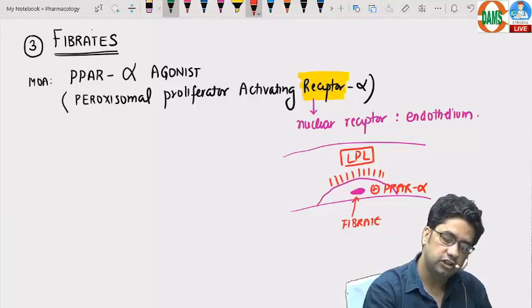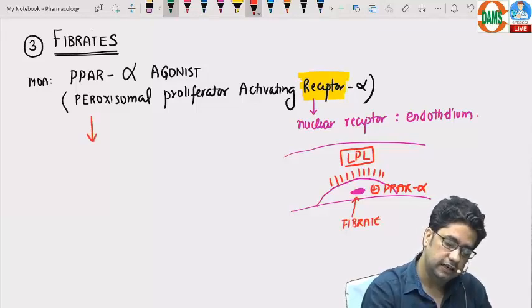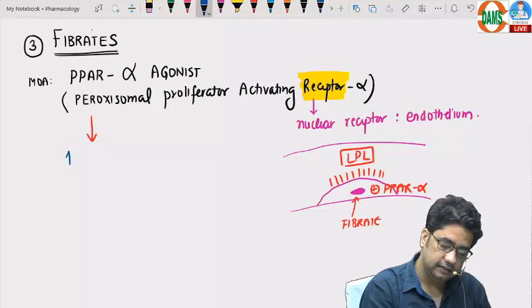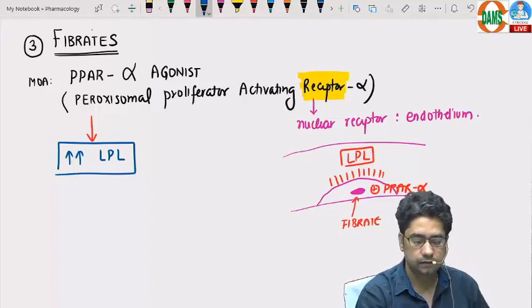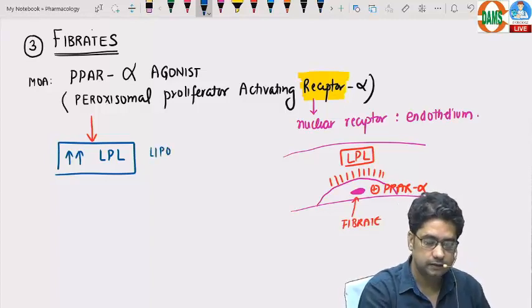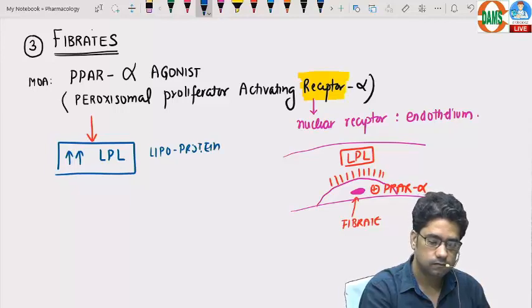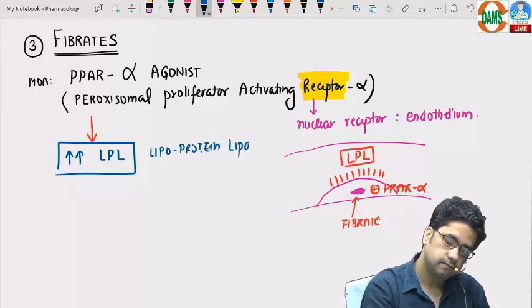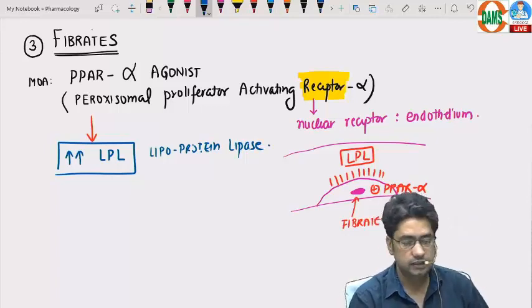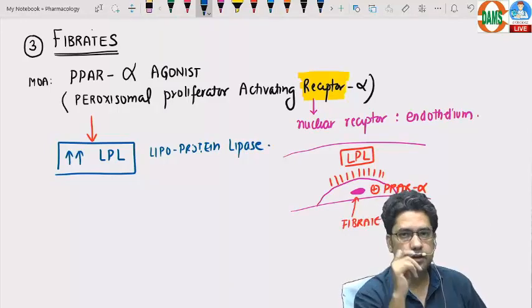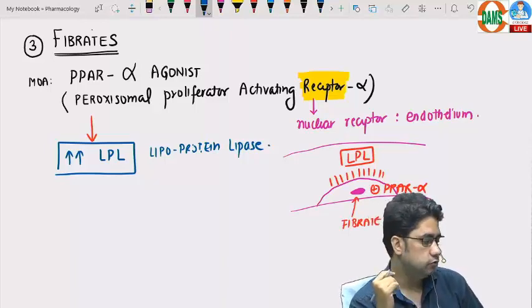This activation of this receptor leads to increase in LPL. I hope you know the full form of LPL. Lipoprotein lipase enzyme.